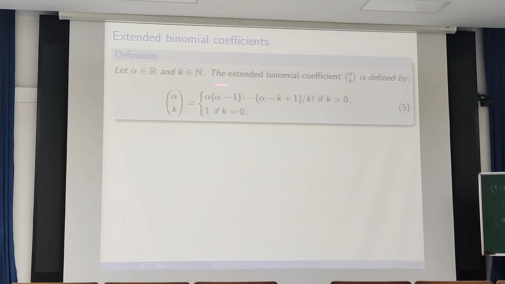Okay? So the idea is that, you can see that if you let alpha be some positive integer greater than k, then you find the normal formula for binomial coefficients.